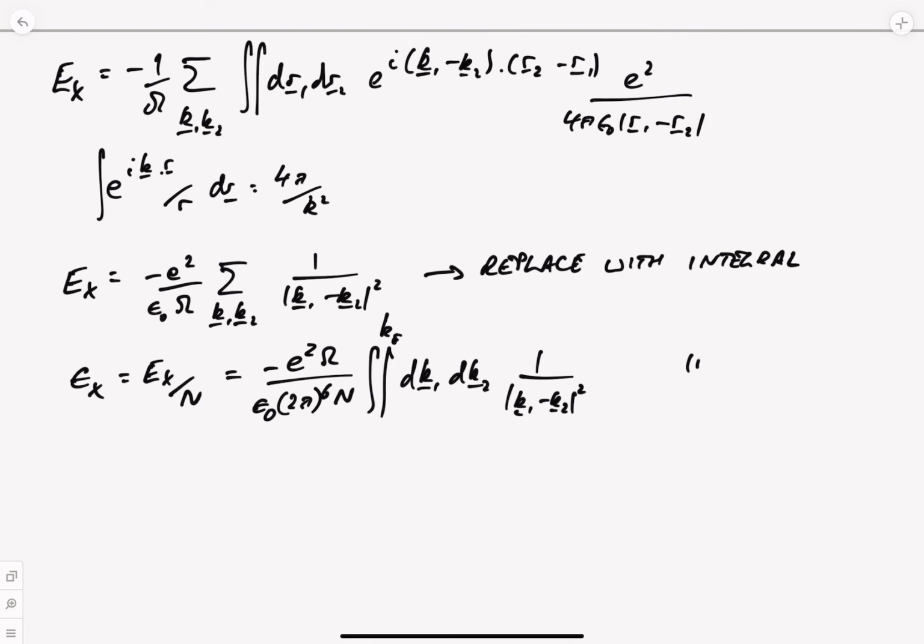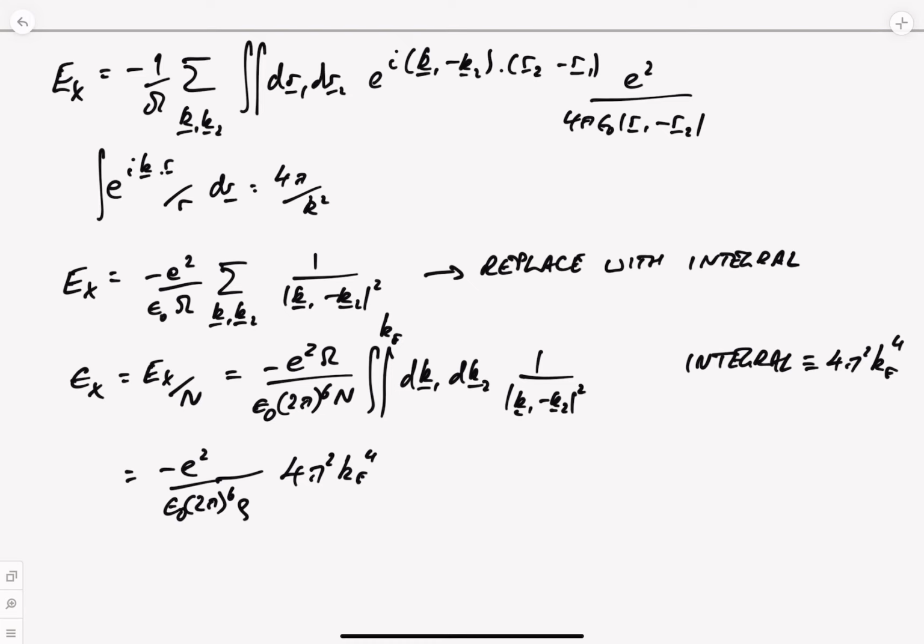It can be shown that the integral is equivalent to 4 pi squared kf to the 4th, and so when we substitute that in, we find that the exchange energy per electron is minus e squared over epsilon naught times (2 pi)^6, with a rho, where we've got N over omega being rho, 4 pi squared kf to the 4th.